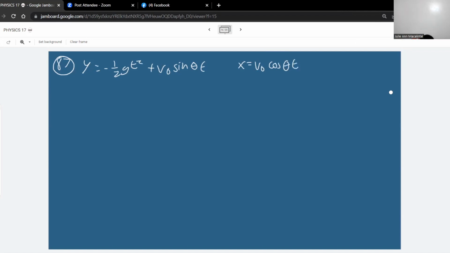Okay, ngayon ano yung velocity sa y is, kasi para mahanap yung maximum condition, v sub y is equal to negative gt plus v naught sine theta.